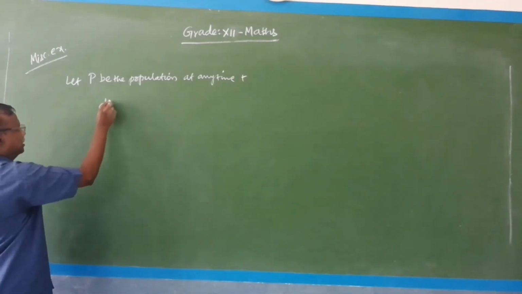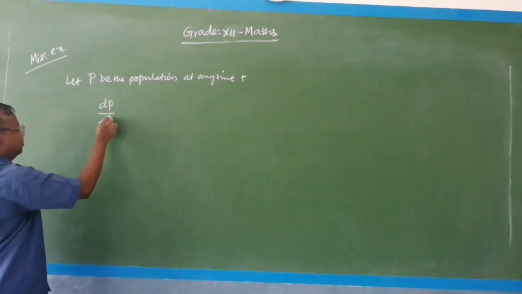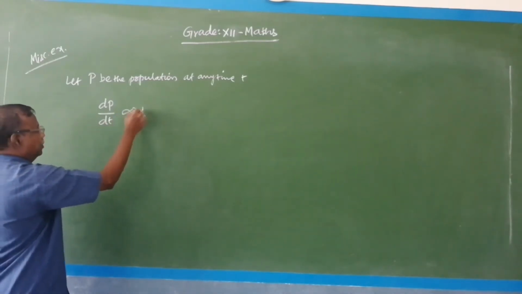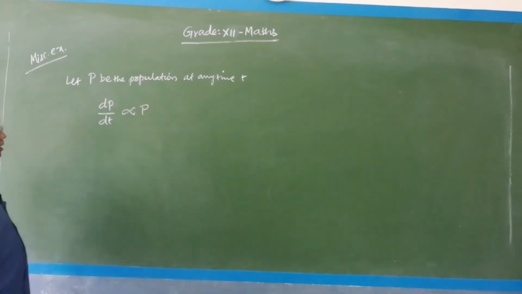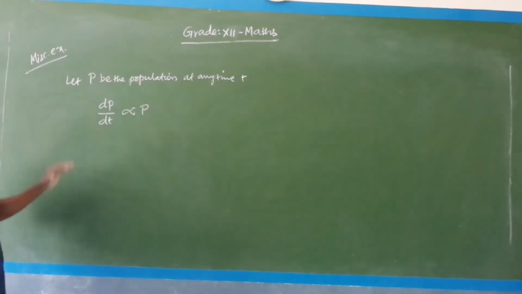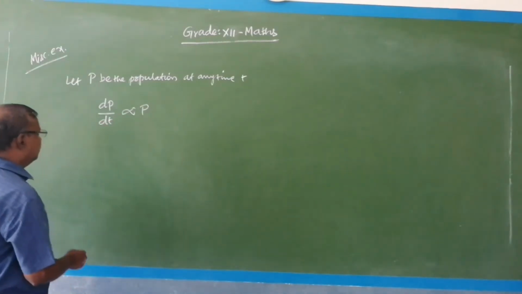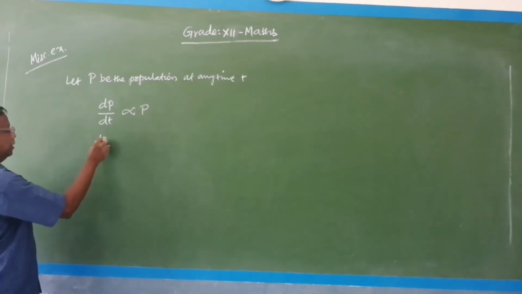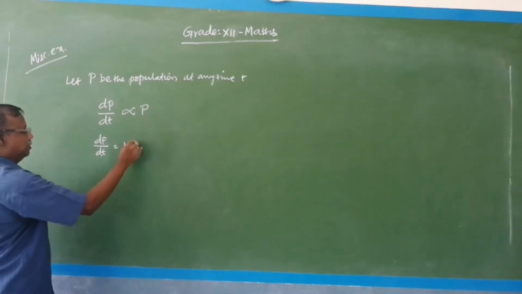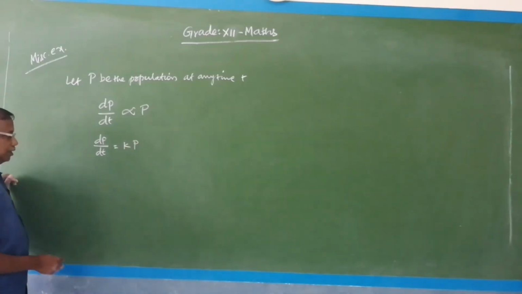So, the change in population, or increase in population, with respect to time is directly proportional to the population at any time t. That means as time goes by, the population gradually increases. So, it is directly proportional to the population. Now, dp by dt equal to k into p, where k is a constant of proportionality.